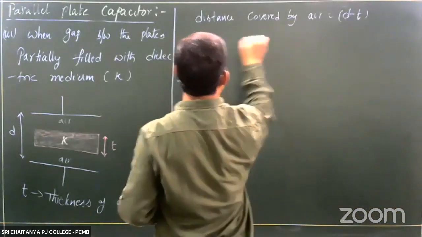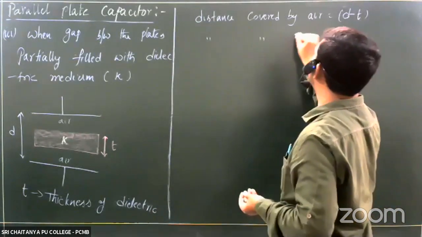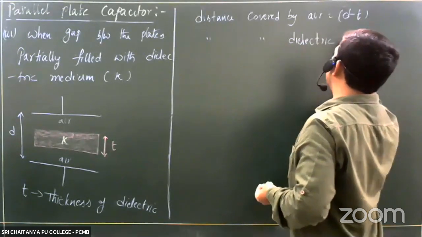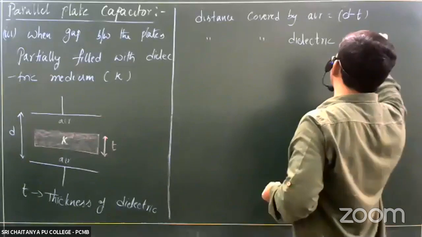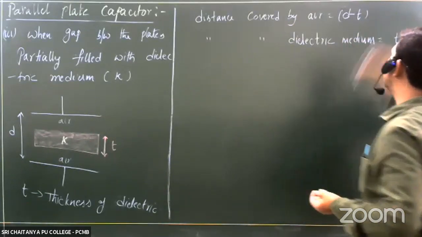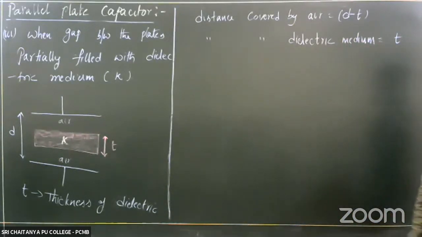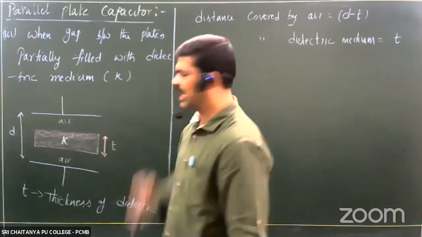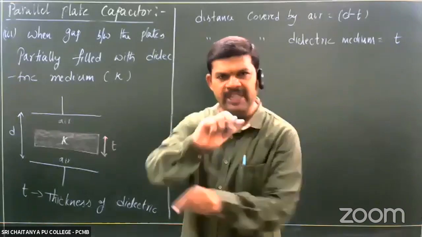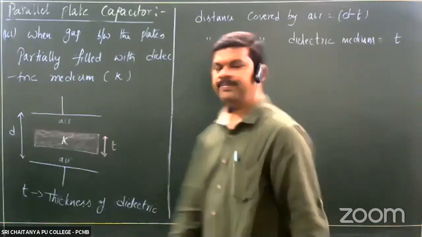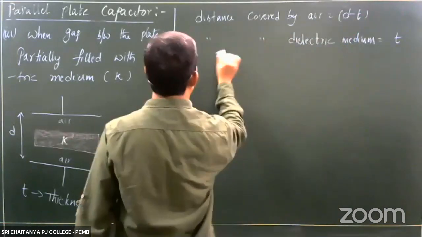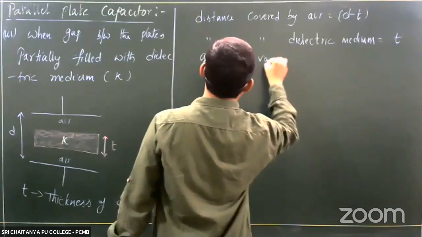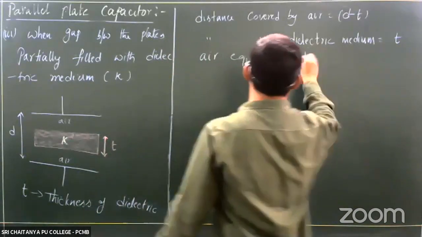The distance covered by the dielectric medium is T. But we have one facility. If the distance is covered by the dielectric medium, we can convert it into air equivalent.